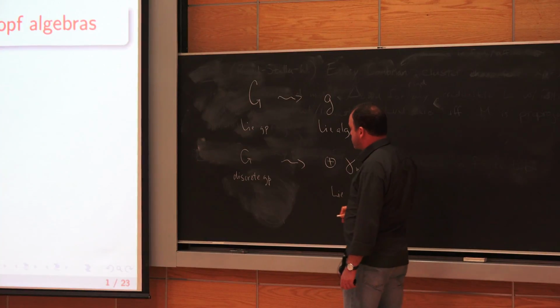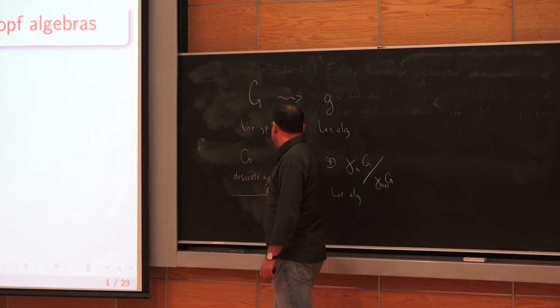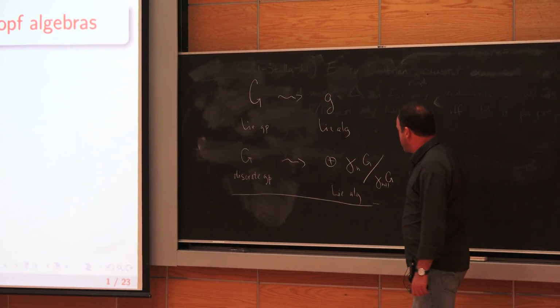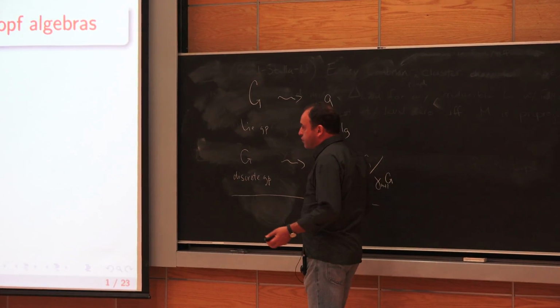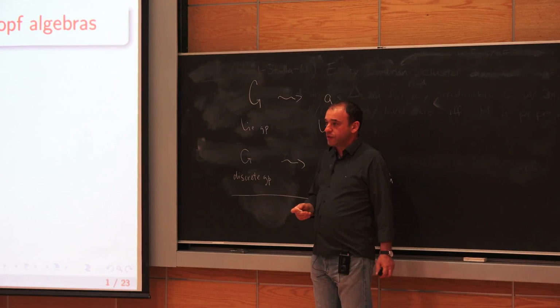But anyway, this construction that associates to a discrete group the corresponding Lie algebra is the basis of linear methods in combinatorial group theory.